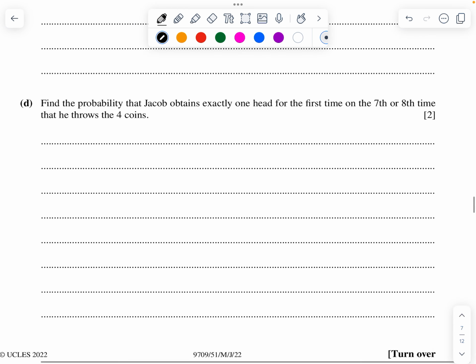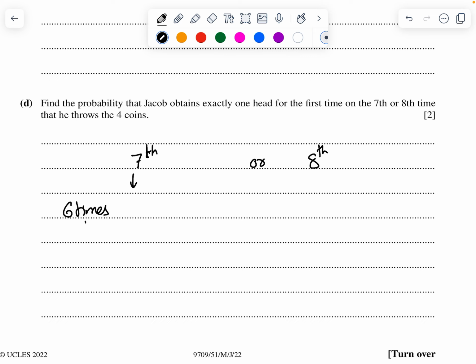Find the probability that Jacob obtains exactly 1 head for the first time on the 7th or 8th throw of the 4 coins. When he is getting it for the 7th time, it means 6 times he is getting tail, and the 7th time he should be getting a head.